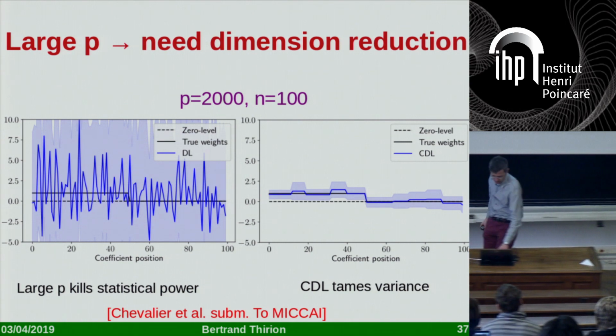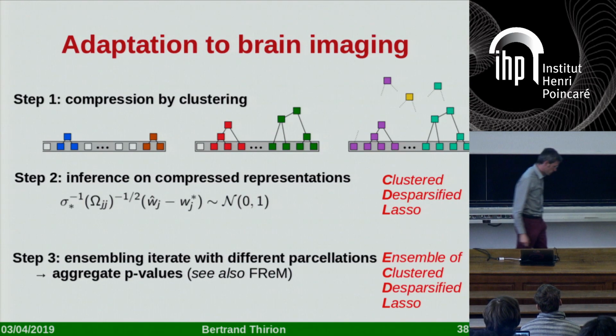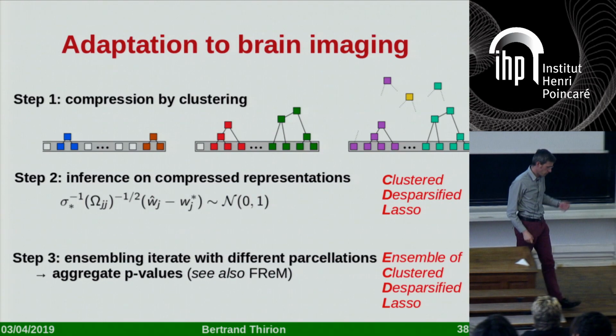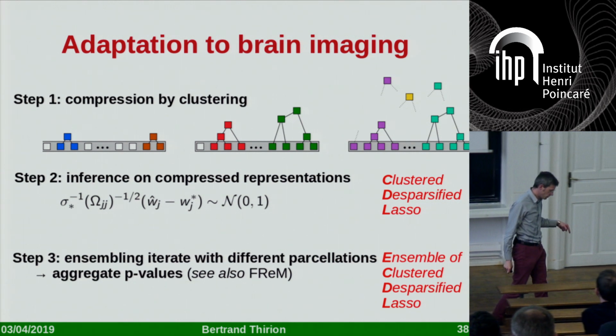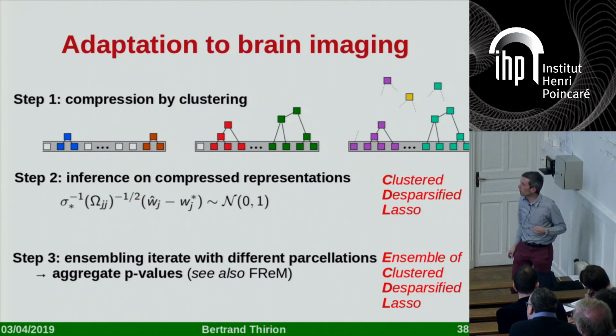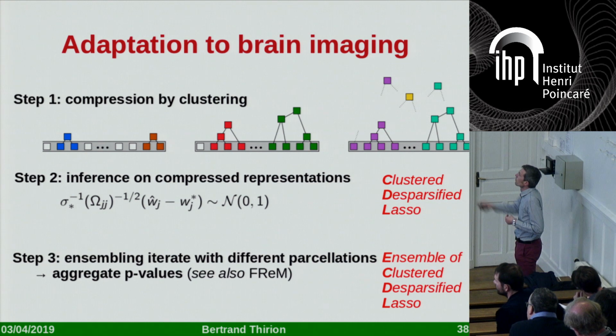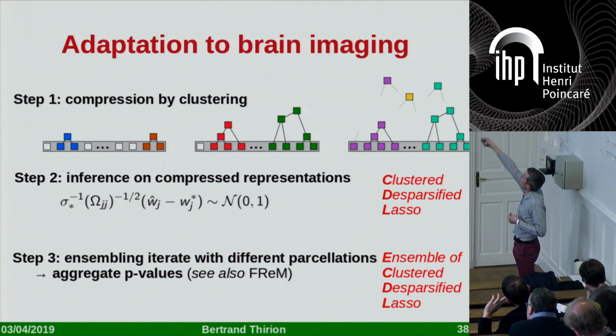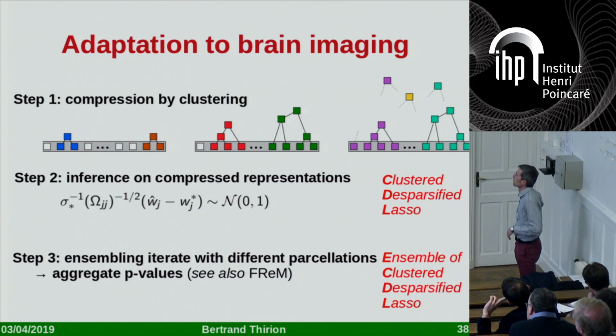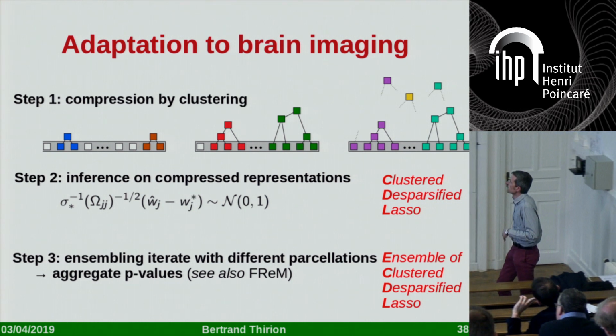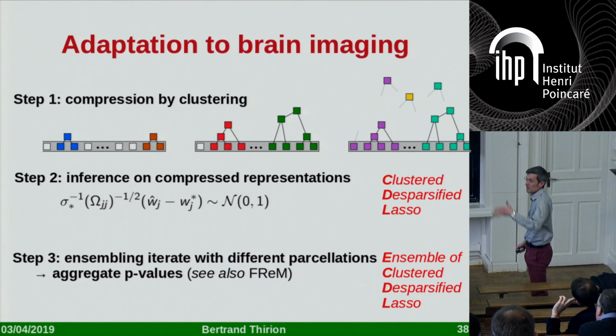As I have told you, we won't be happy with one clustering. We will typically do that with different clusterings and ensemble the solutions. So you obtain a clustering of the images with a method that you prefer. Actually, you use several clusterings.